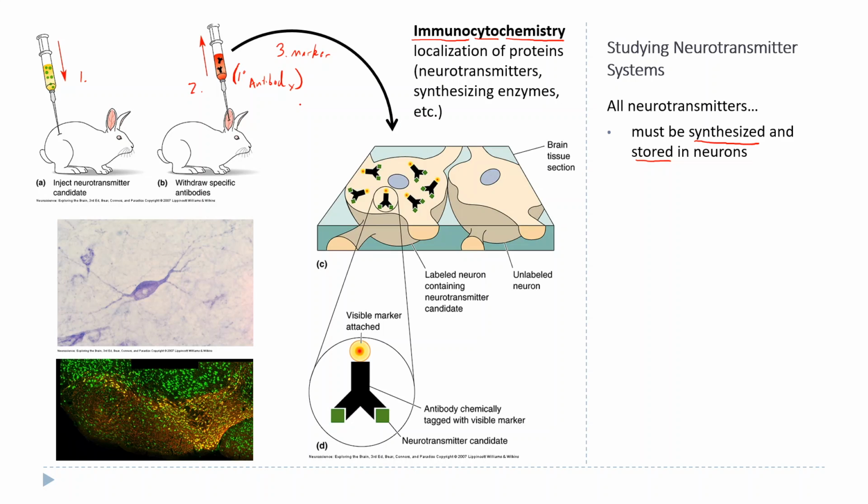What's often done, instead of putting a marker on the primary antibody, is you make what's called a secondary antibody. The secondary antibody is just another antibody that binds specifically to the primary antibody. And again, it has to be cross-species.